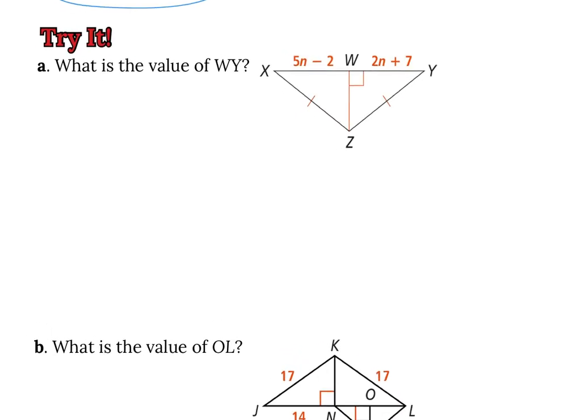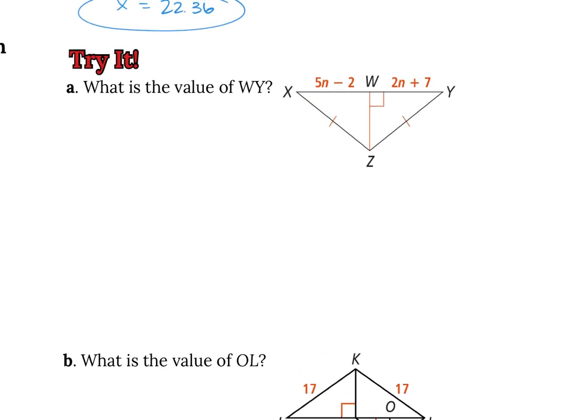All right, try it. We want to find the value of WY, which means we need to find N. We know that these two segments are congruent, so we're going to set them equal to each other. Move a variable over.